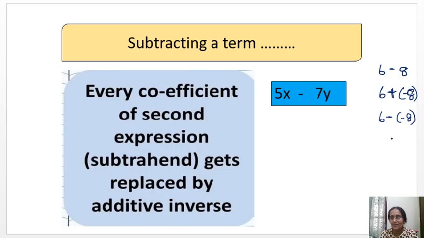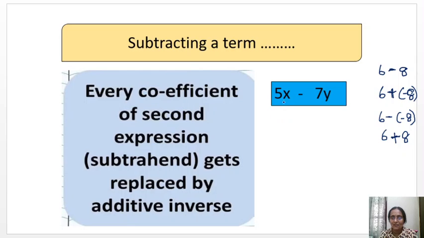You have to change minus sign to plus sign, then write the additive inverse of 8, which is minus 8. Here in this case you have to subtract plus 8, so the additive inverse of 8 is minus 8. In the other case, you have to subtract minus 8, so change minus sign to plus sign, then write the additive inverse of minus 8, which is 8. The same rule you have to follow to subtract algebraic terms also.